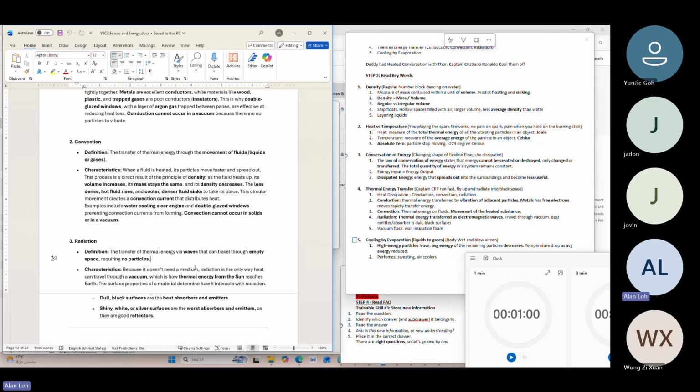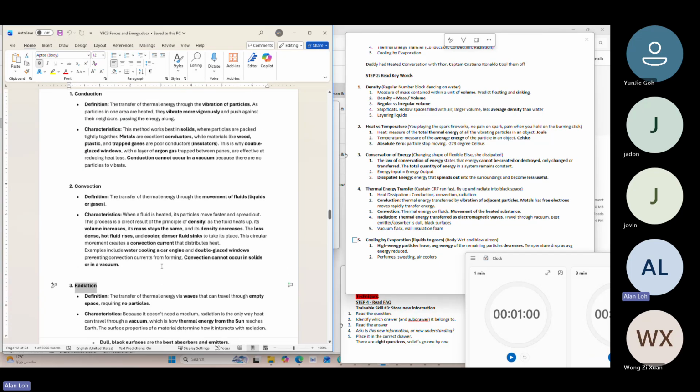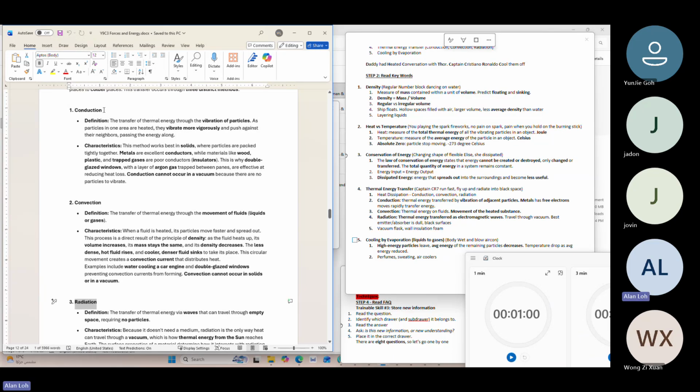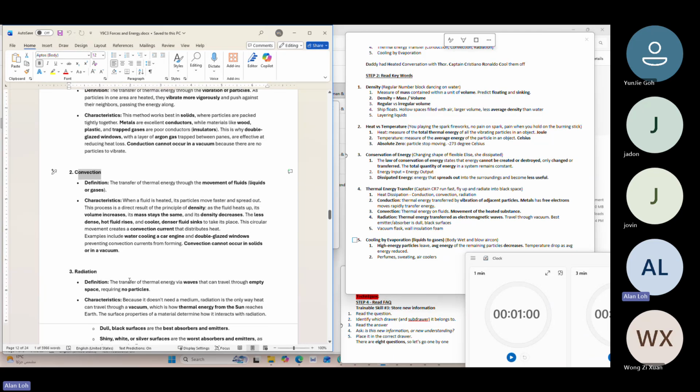No oxygen, nothing. There are no particles, no atoms, no electrons, no protons, no neutrons, zero. But the heat is still able to travel. That is called radiation. So thermal energy can be transferred in 3 ways: conduction, convection, and radiation.